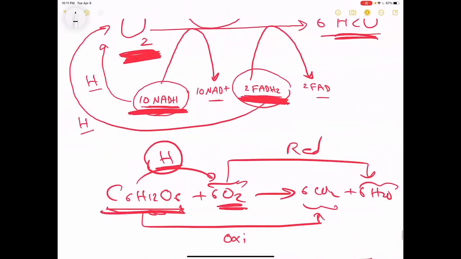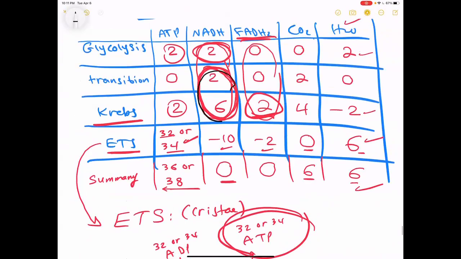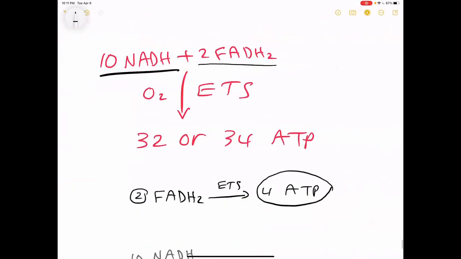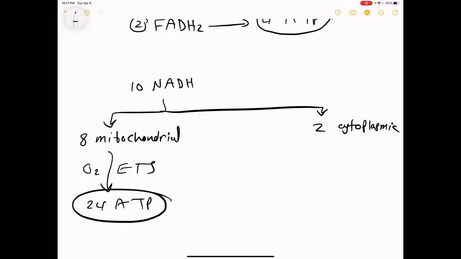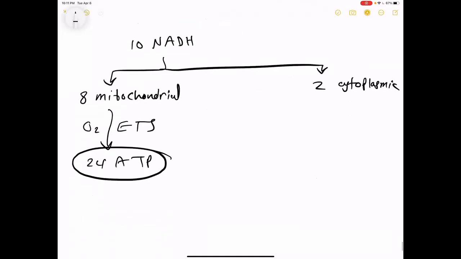Go back to the table. Here, 8 are mitochondrial. And I said the mitochondrial will be cashed in for 3 each, so electron transport system with oxygen, 8 times 3, 24 ATP. The 2 cytoplasmic will be cashed in for 2 each or 3 each, 4 or 6 ATP, depending what cell it is, as I said before.